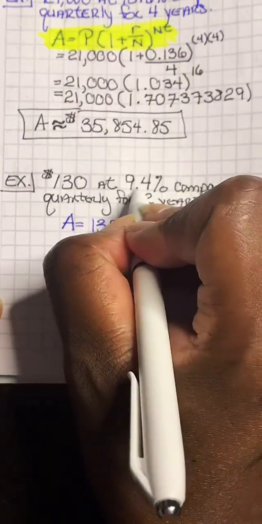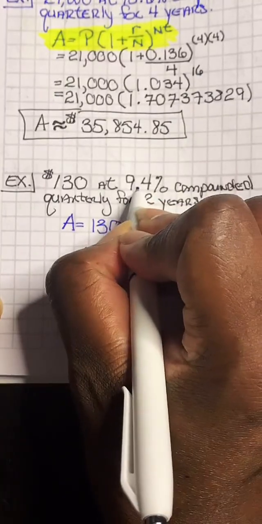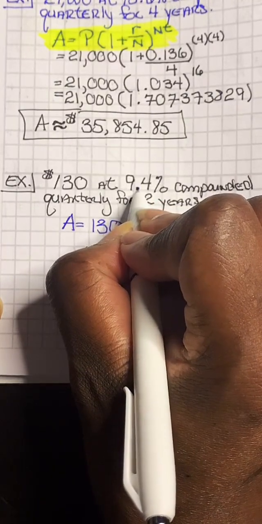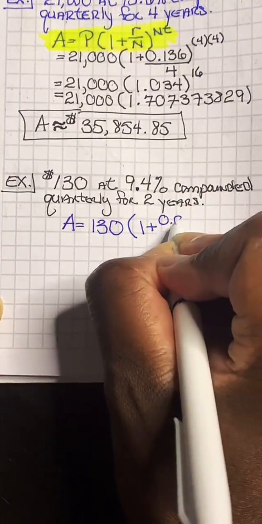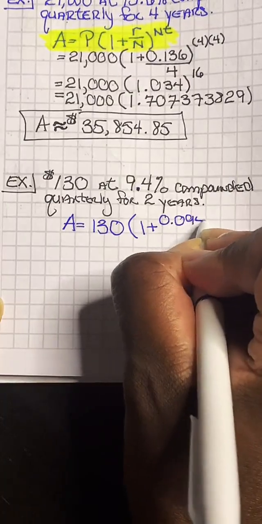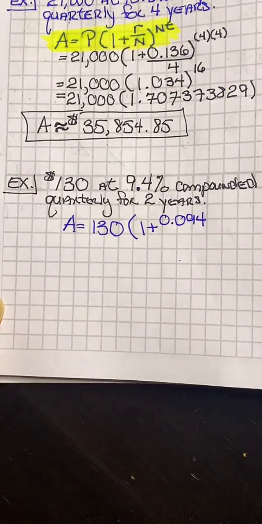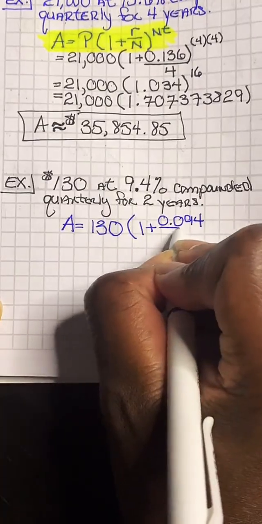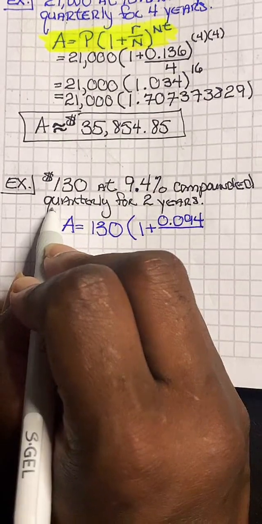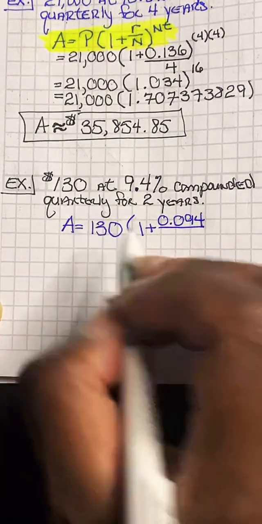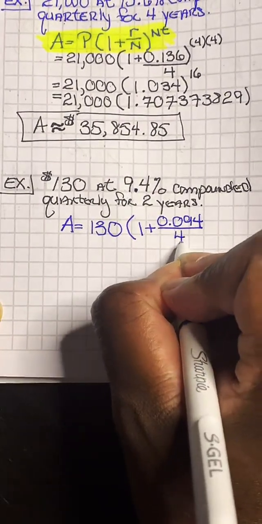So you start at the decimal point and you move it over 2 times to the left. 1, 2. So your rate is actually going to be 0.094. Okay, and it's over how many times it's being compounded in 1 year. So they say quarterly. So quarterly means it's happening 4 times.